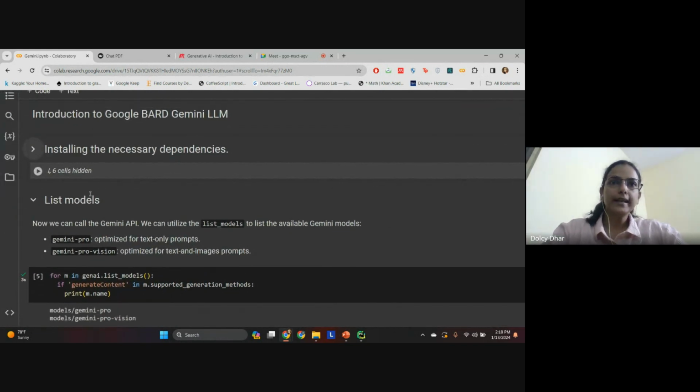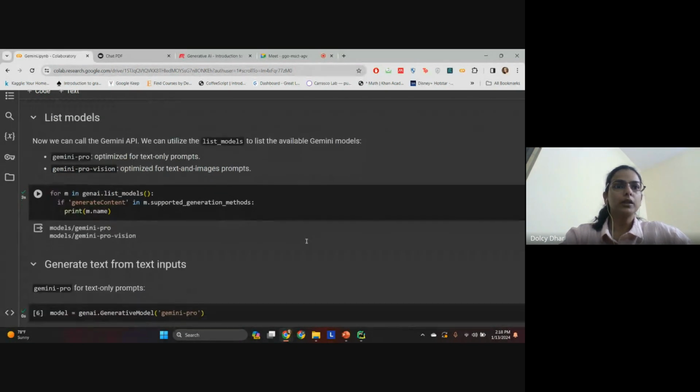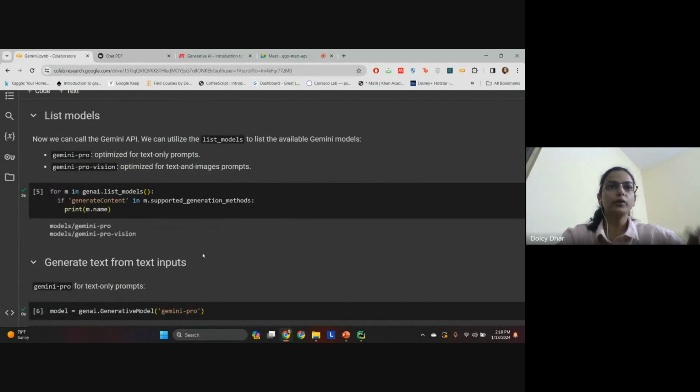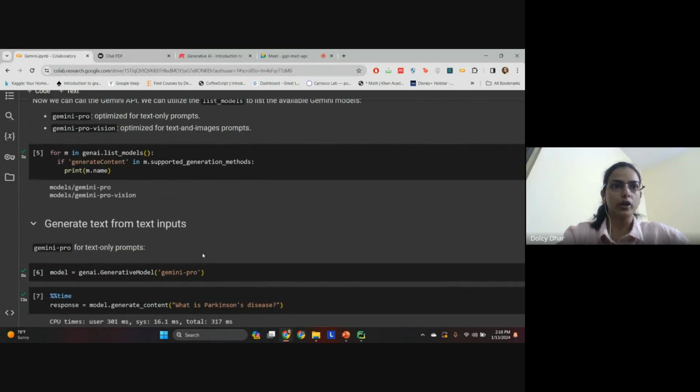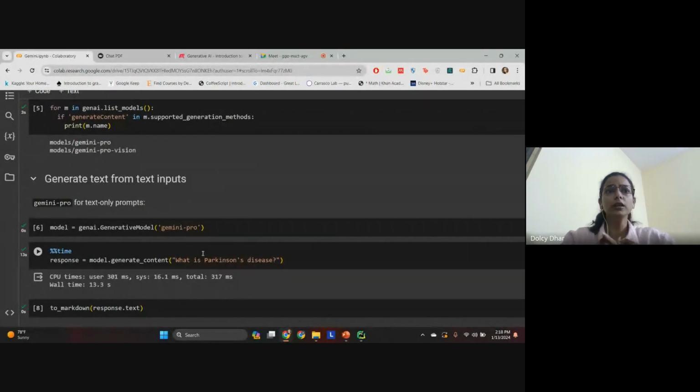So I'm going to take you through a basic understanding of what this Google Bard Gemini LLM can do. Of course, we can extrapolate these functionalities to bigger and more complex projects. The two models that I'll be exploring today are the Gemini Pro and the Pro Vision models. First, I want us to look at text from text inputs.